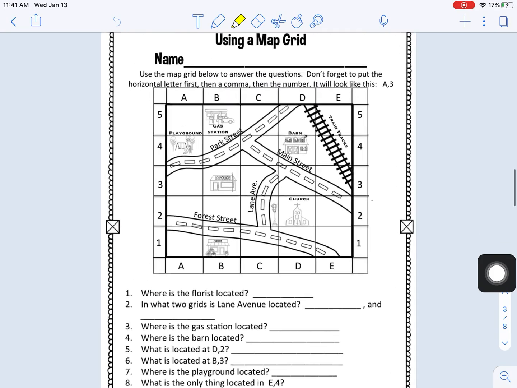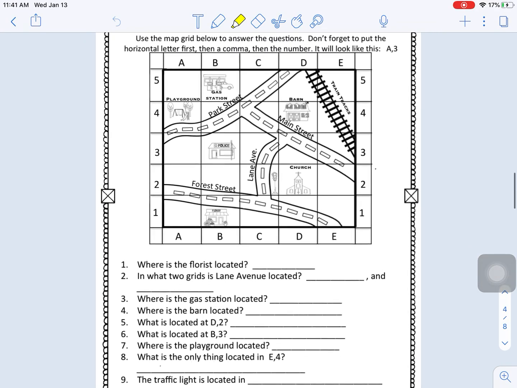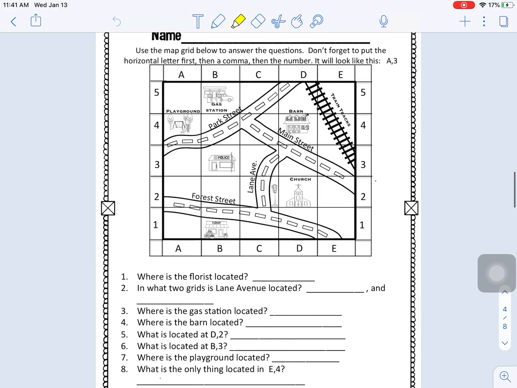Let's take a look at some more questions here. Let's do question 5. What is located at D2? Look at our map here and think in your head, what is located at D2?